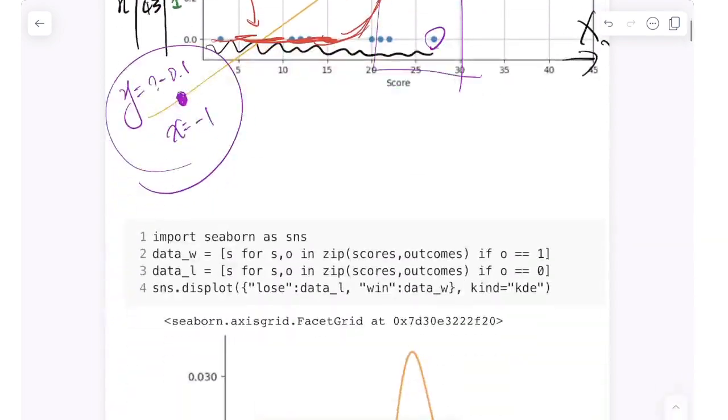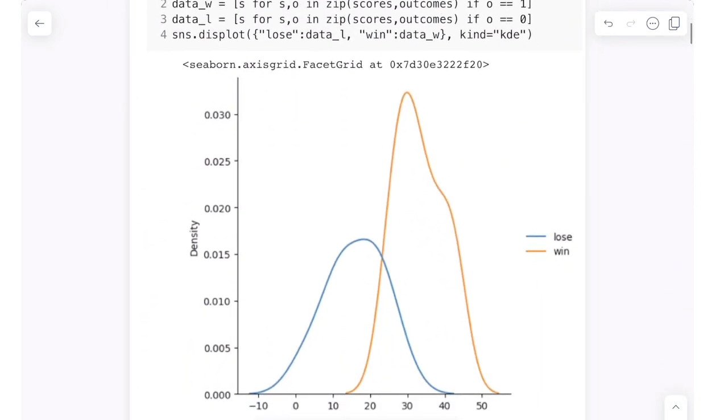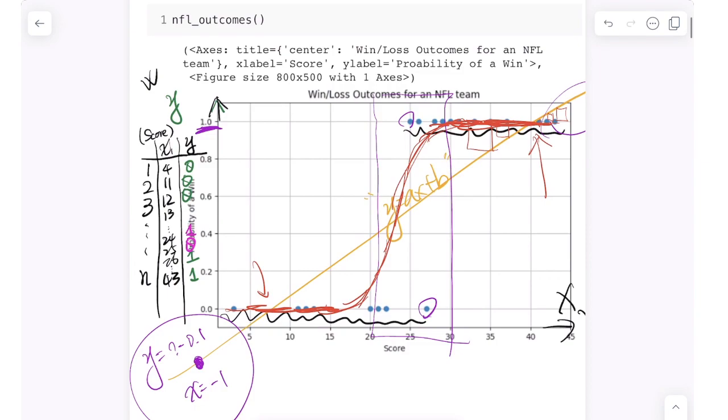You can also draw such a figure, which demonstrates the probability of win when you score in this range, and the probability of losing when you are in this range. But we need a more feasible model to model such data.